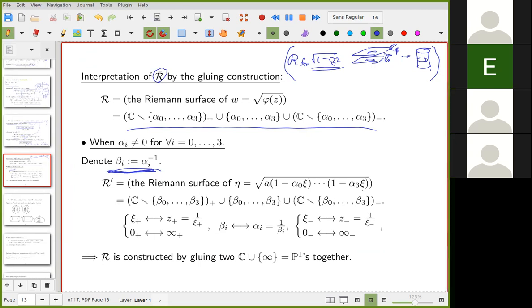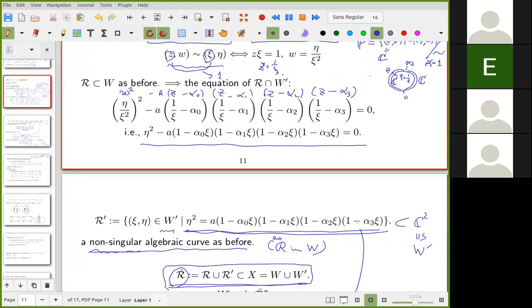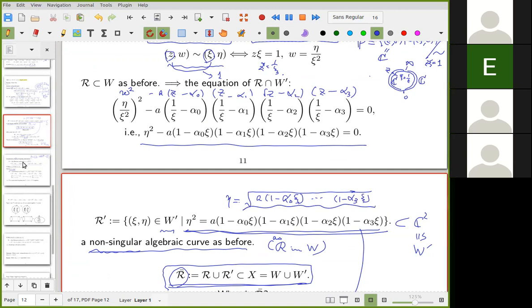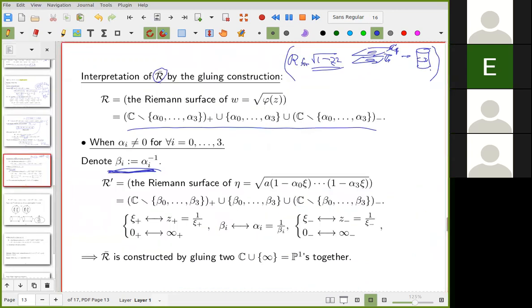Then, as we saw here, R prime is a Riemann surface of such a function.